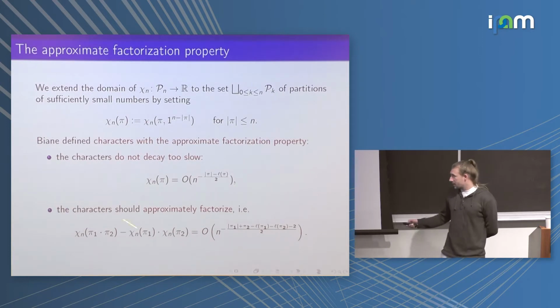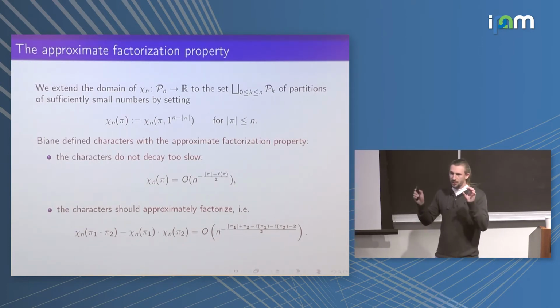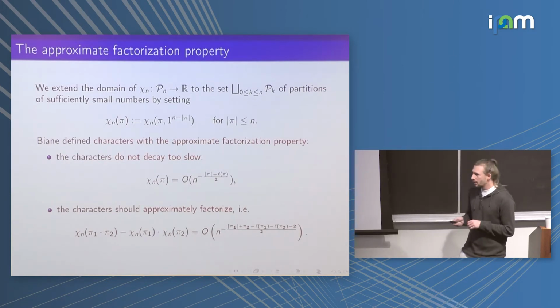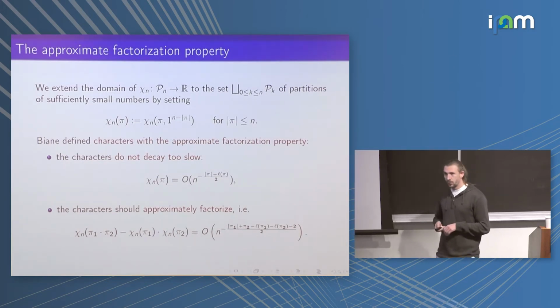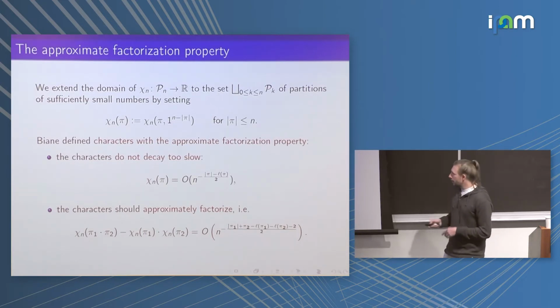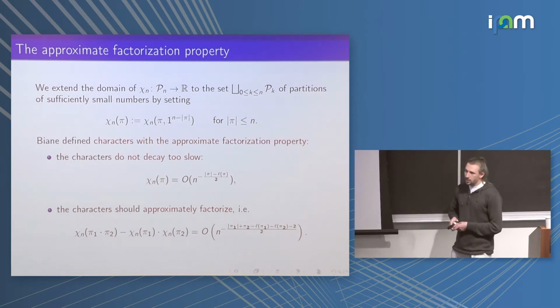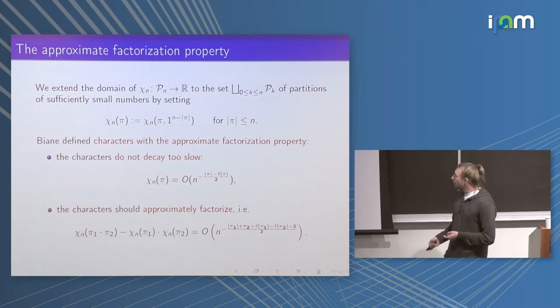And it also says that if you look at the difference between the character on a disjoint product of two partitions and a product of two characters, then the order of magnitude should be lower. So the right order of magnitude looks like that. So we see it's not additive because there is this -2 factor here. So this is the definition of characters with the approximate factorization property.